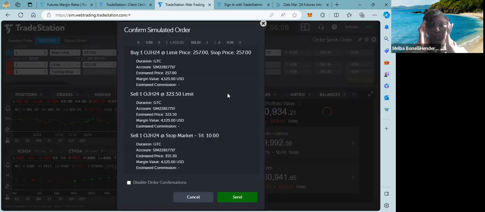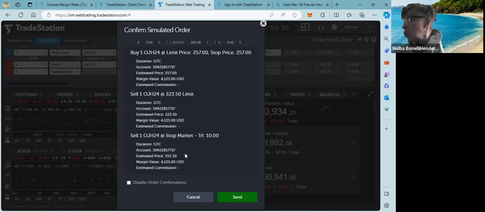And we're going to look at our values. So our entry is 257. That's correct. Our exit is 323.50. That's correct. And our trailing stop is 10 points, which gives us an estimated value of 355.30.